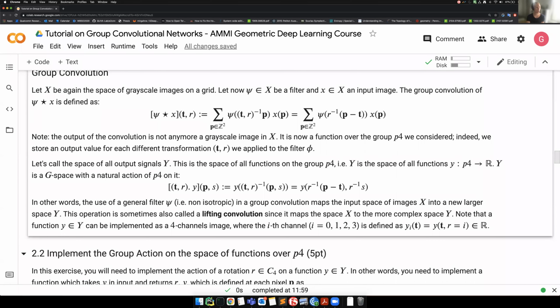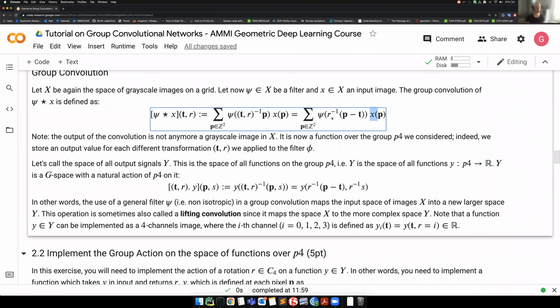You integrate over all the image, and you have your image x evaluated on each point, and your filter is transformed by shifting it by some translation, but this time also applying some rotation. A normal convolutional neural network would just not have this R inverse. So you would remove this part and then it's a normal convolution.